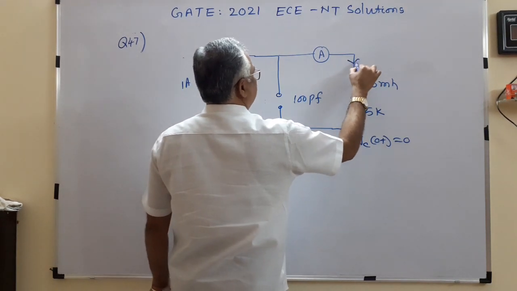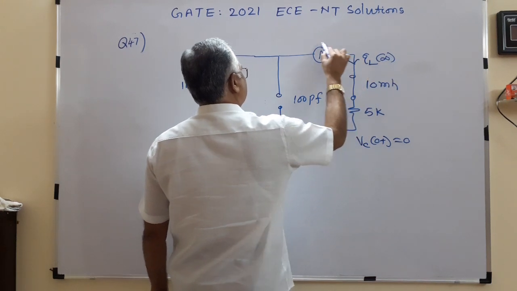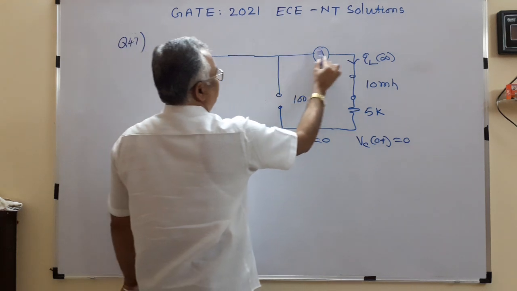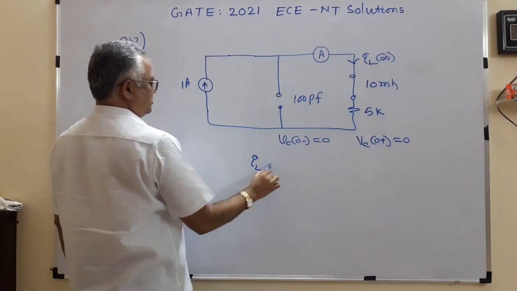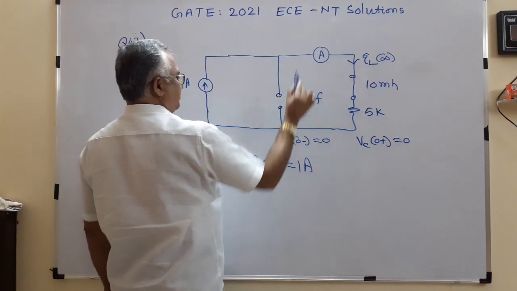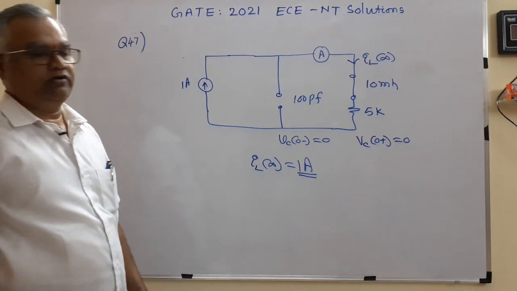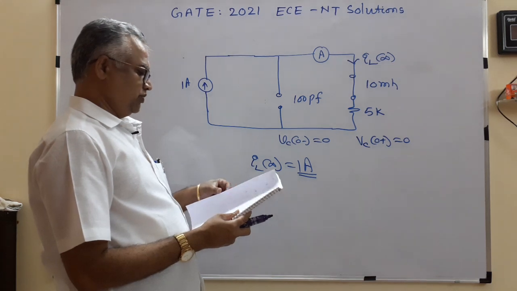So this current is IL infinite, which is nothing but the ammeter reading. And this 1 ampere current will flow like this only because the capacitor is open. So IL infinite is 1 ampere. The ammeter also reads 1 ampere. That's all, the problem is solved. So logically we have to solve. Don't spend too much time.